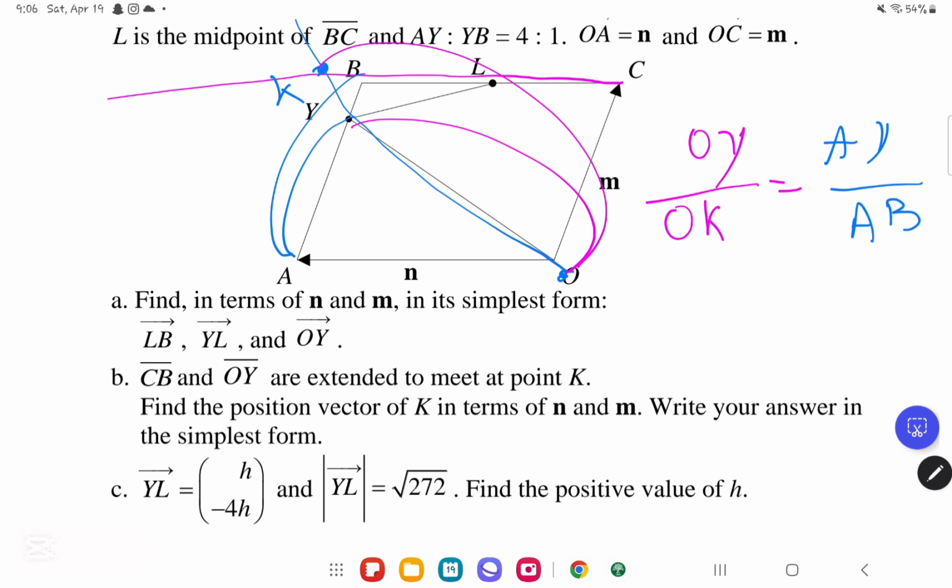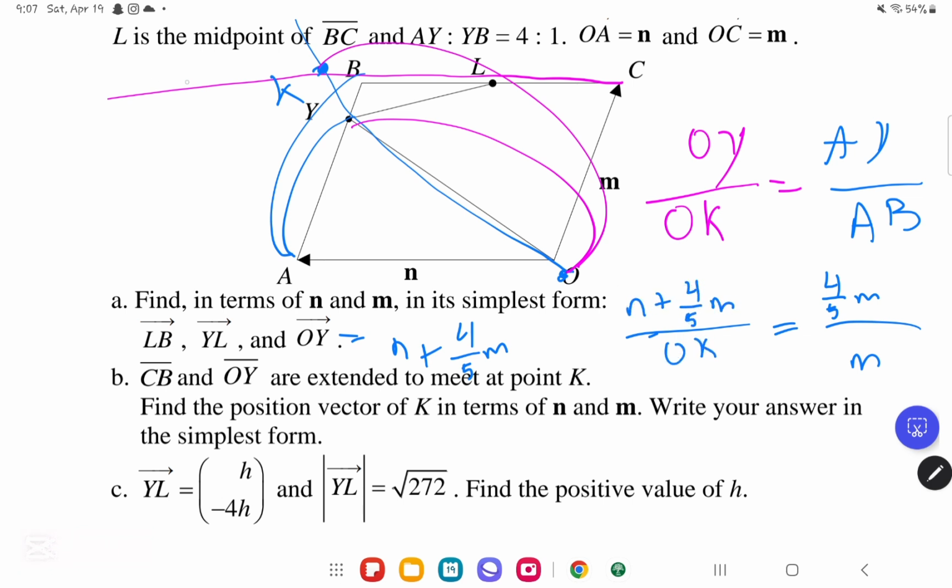AB is going in the same direction as OC, so AB is M. AY is going to be 4/5 of M. It is equal to OY over OK. OY we found in the previous question to be N plus 4/5M. So it's N plus 4/5M over OK.